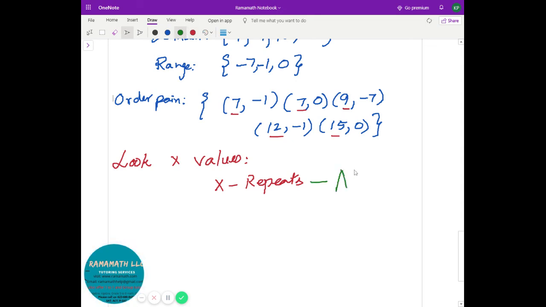Remember this. X repeats, which is the domain. But if y repeats, it still can be a function. Remember that. Y is not going to make any difference. Whether y repeats or not, it's okay. But if x repeats, it's not a function.